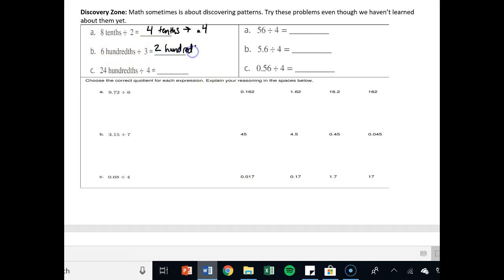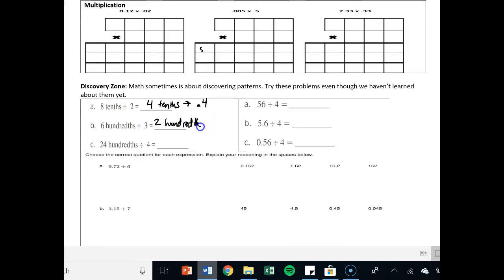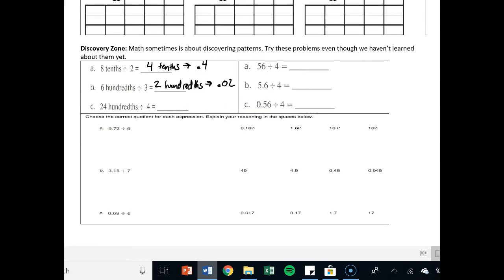Remember, hundredths is the second place value behind the decimal, so that would be 0.02. We could also look at the pattern this way, instead of it being in words.